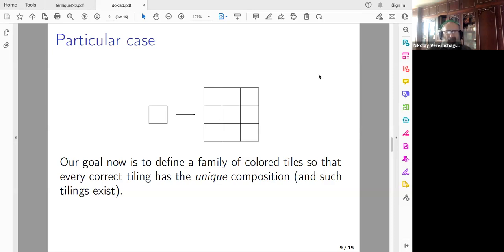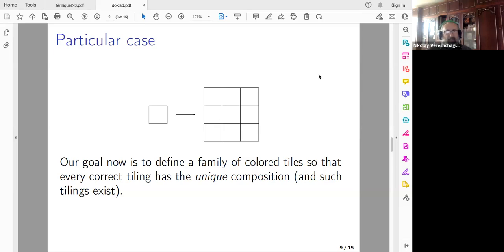We want to color tiles, these squares, in such a way that every correct tiling has a unique composition. Why is it interesting? Because it means that any tiling by these colored tiles is non-periodic.